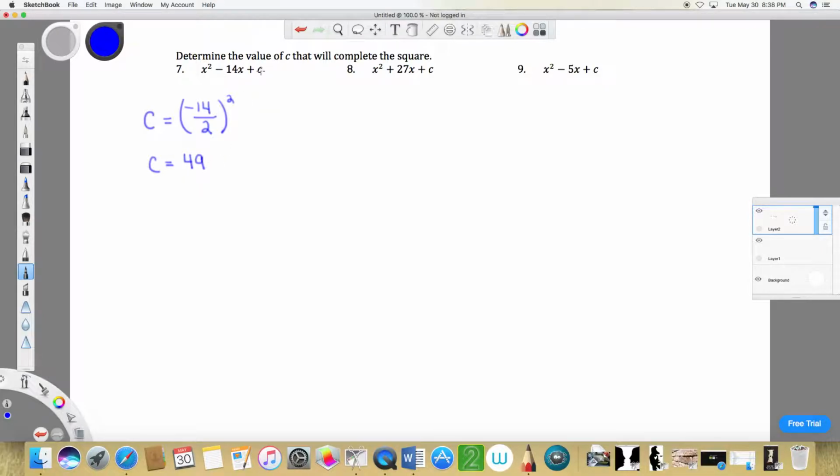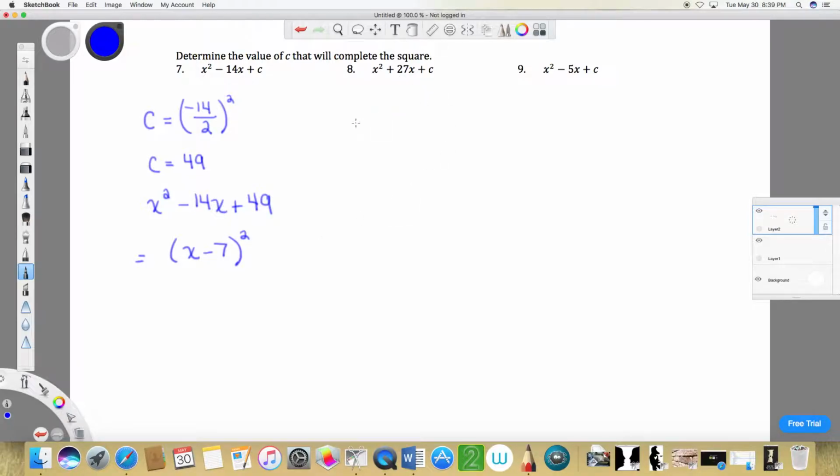So if this c were 49, we would have x squared minus 14x plus 49, and that factors to x minus 7 squared. Notice how half of negative 14 was negative 7.